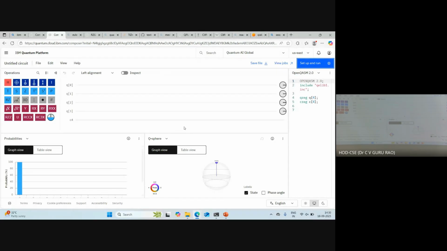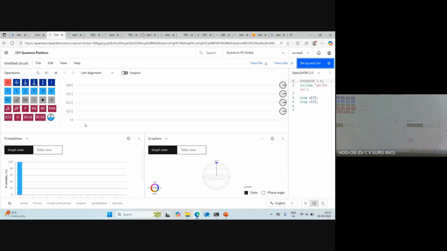So this is the playground that we have. Here we will just see what we can create. By default, these are the 4 qubits it is starting with. And this C4 written over here is a classical bit. Once we do the measurement, the quantum state that we have will collapse and convert into a classical bit.